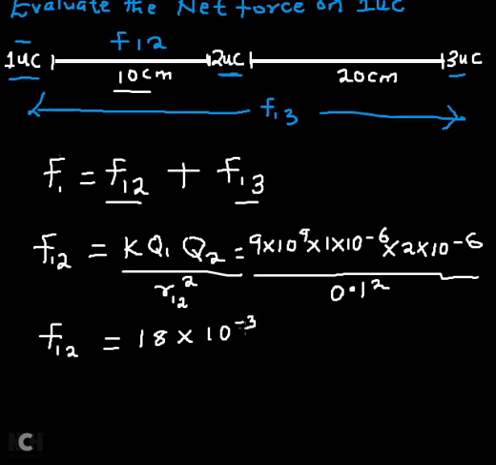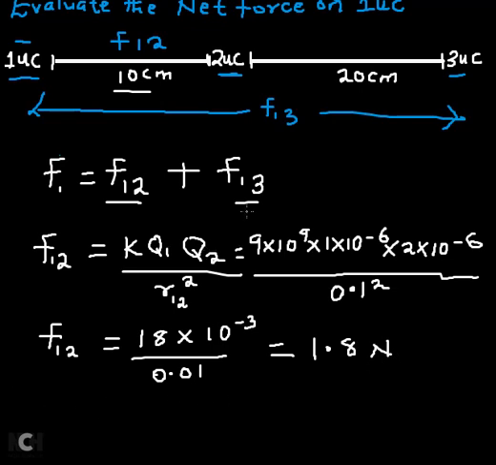Of course, you know that already. Divided by 0.01. If we divide 18 by 0.01, I'm going to have 1800. Then if I multiply by 10 raised to the power of minus 3, that should give me 1.8 Newton. You can confirm that with your calculator.